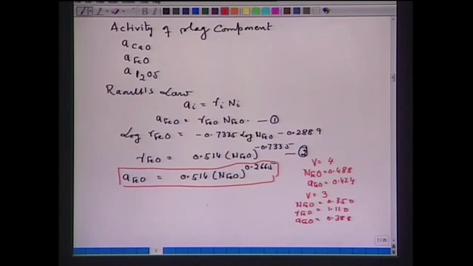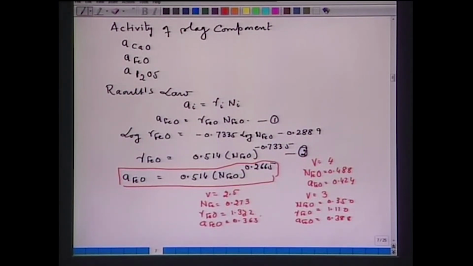I take another example, V equal to 2.5. I calculate NFeO, that is equal to 0.273, then gamma FeO is equal to 1.332, and the activity of FeO is equal to 0.363.